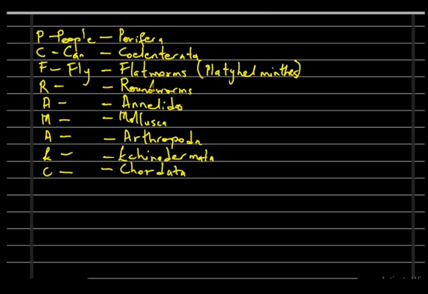The first one, the liver fluke, is a roundworm. So we have the liver fluke here. The second one we have there is earthworm. Earthworm is an annelid, so we have it here.